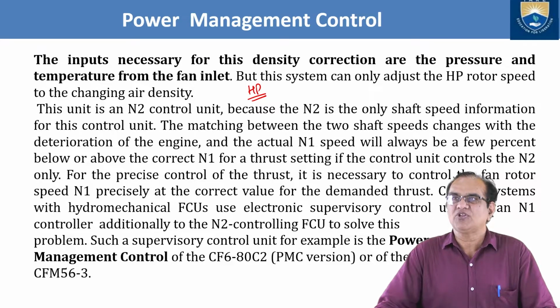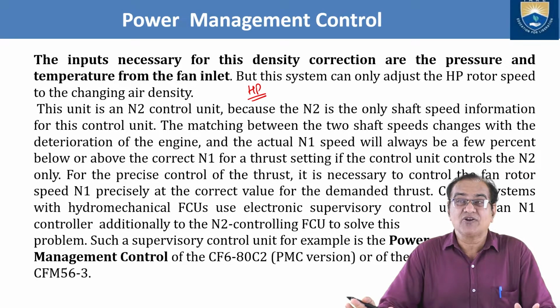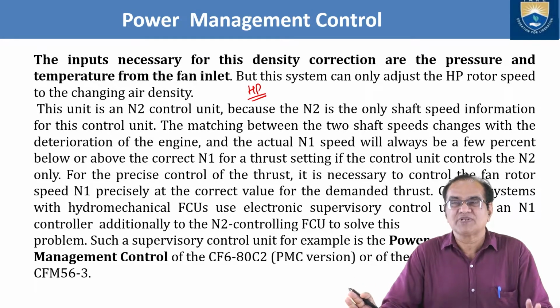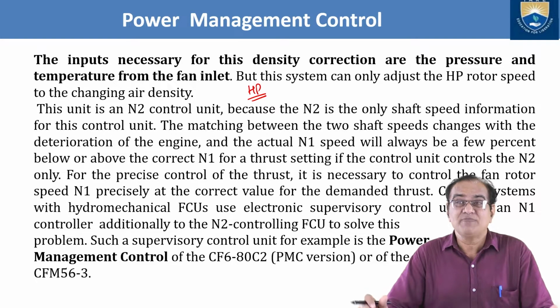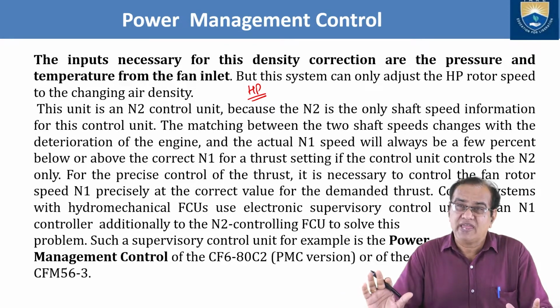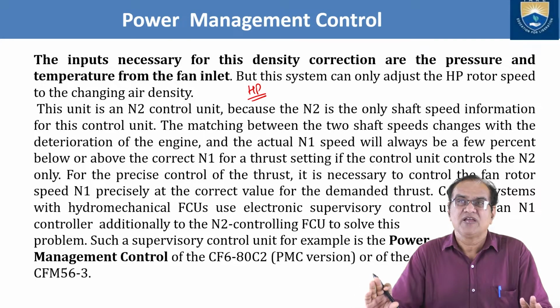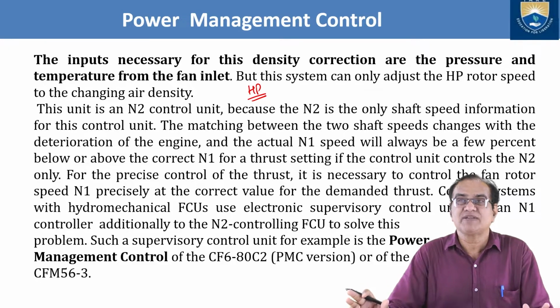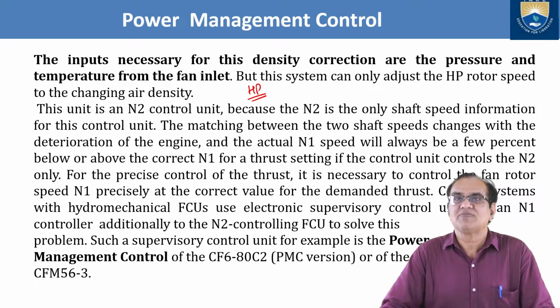If the control unit controls the N2 only, so we are only controlling the high pressure compressor and high pressure turbine speed, then N1 may change as the engine gets older and older. The N1 RPM may vary some percentage, so this result may not be correct. But N2 will remain the same most of the time.